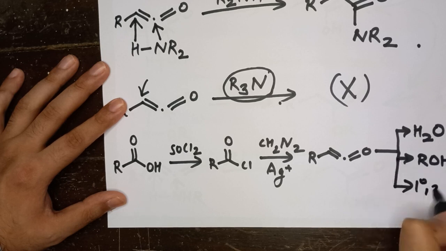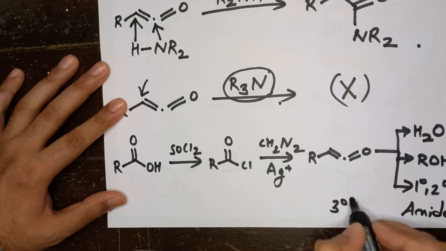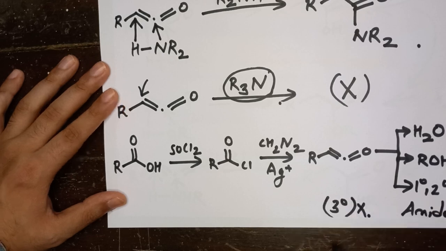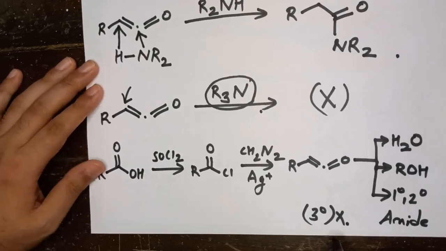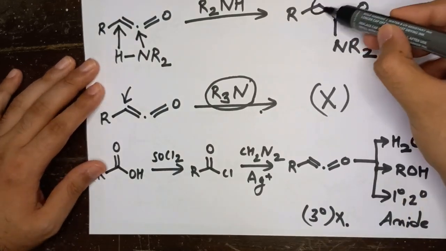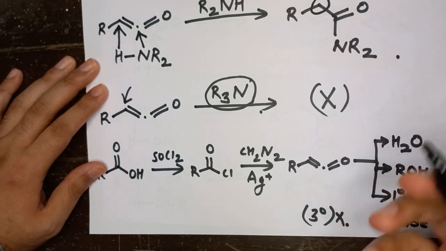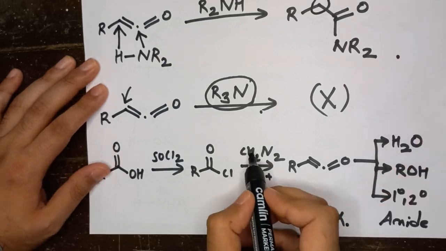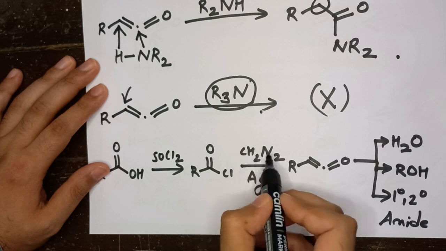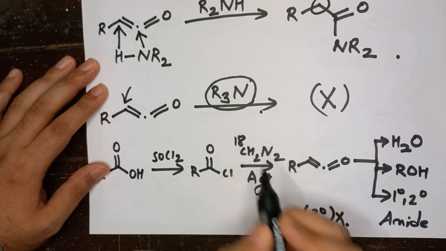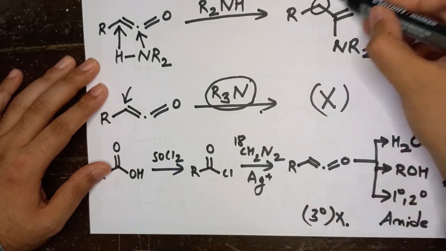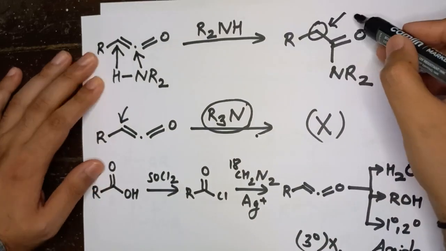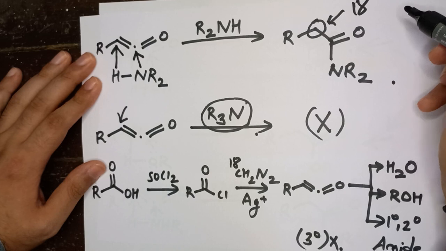Primary or secondary amine will form amide and tertiary amine will not react. So this is the reaction called the Arndt-Eistert reaction, where you add one extra methylene group to the system. And also, for example, let's say this carbon of diazomethane is carbon-18 labeled. Then in the product, this carbon will be carbon-18.